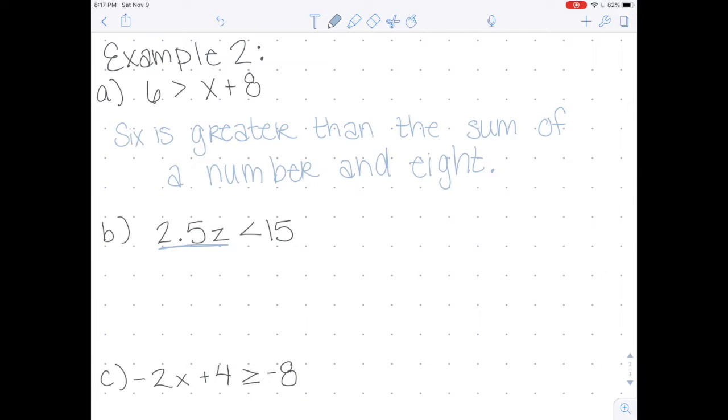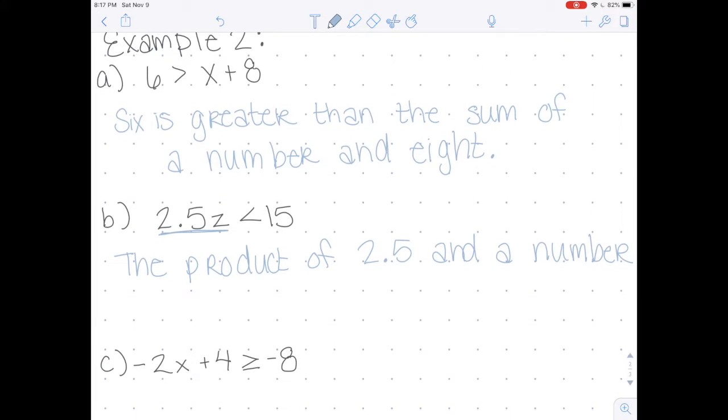So I'm going to say the product of 2.5 and a number, because we're using z, so that means we have to replace it with a number, is less than 15.